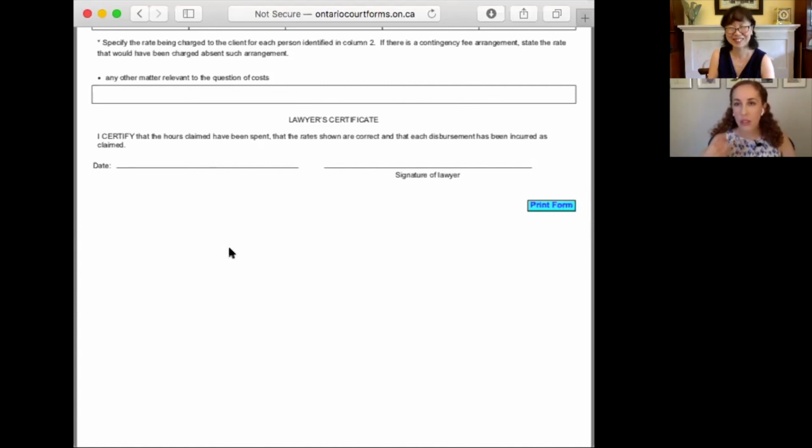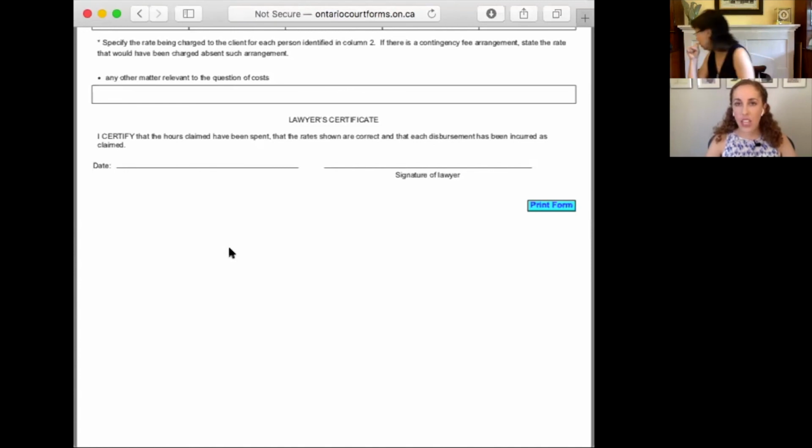I would still sign it to show that this is what I'm putting forward, something that I think is true. So it's really important that if you're a self-represented person, you keep track of the number of hours you're spending, if you are working on your arguments or your submissions.